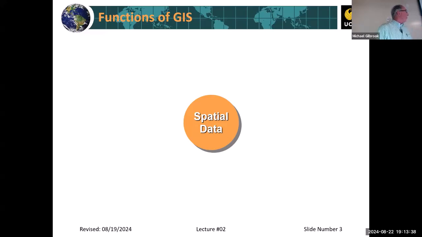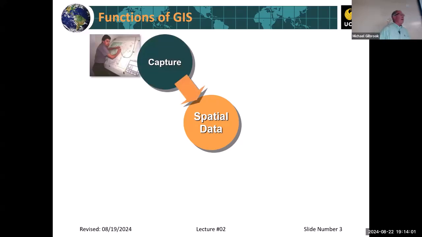One of the things that people are all familiar with today is Google Maps or Google Earth. So you usually make some sort of analogy that relates it to one of those products. But neither of those things is an actual true GIS, because it doesn't do all the things that a true GIS does.